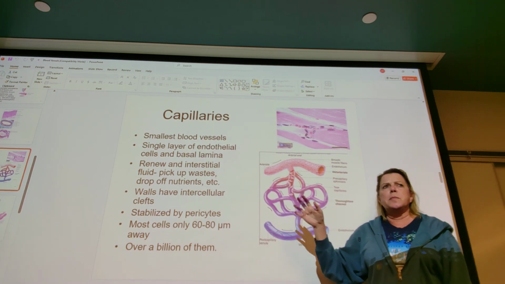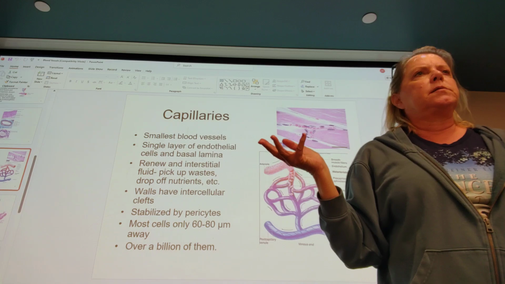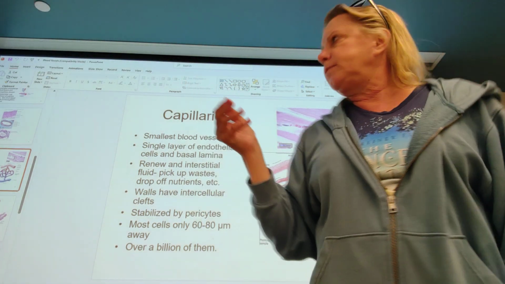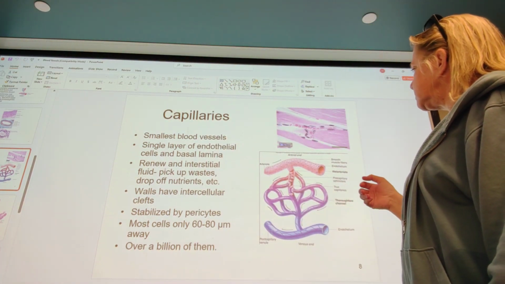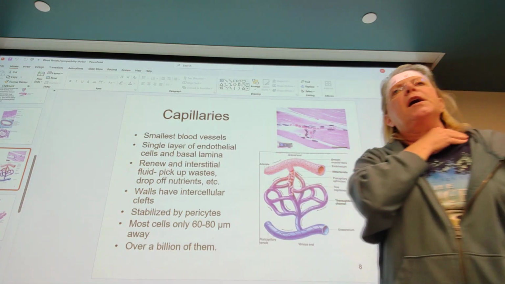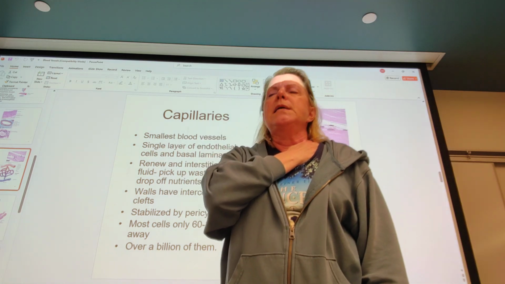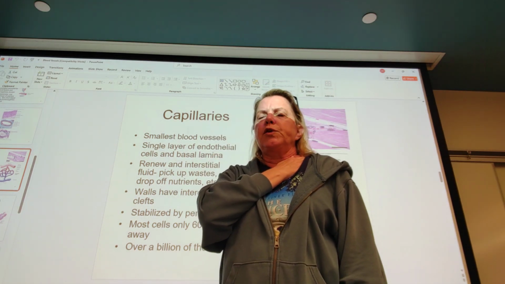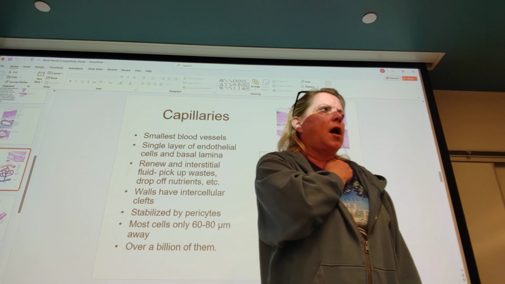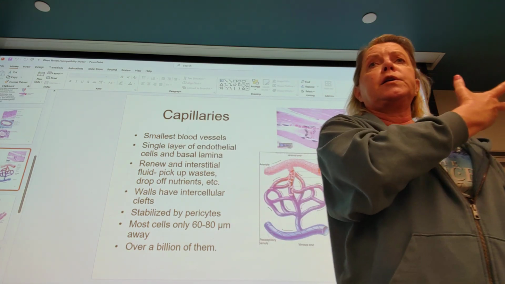You have about 10 billion, roughly, I think that's the number I have. Over a billion. Okay, there we go. We'll just stick to over a billion. You have over a billion capillary beds. At any given time, you do not want all of them to be perfused with blood, meaning blood going through them.